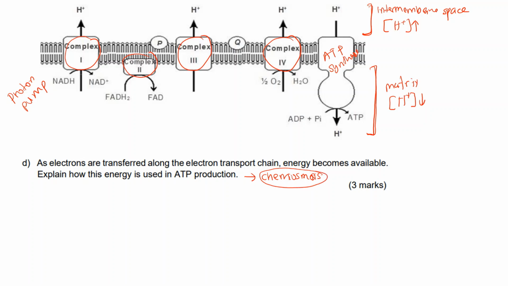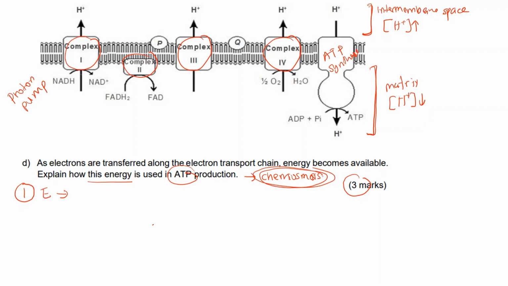Okay, so the question is worth 3 marks. Basically the question wants you to explain the process of chemiosmosis, how energy from the electron is used to produce ATP molecule. So for the first point, you have to explain that the transfer of electron from one carrier to another carrier releases energy. Okay, so this is exergonic.